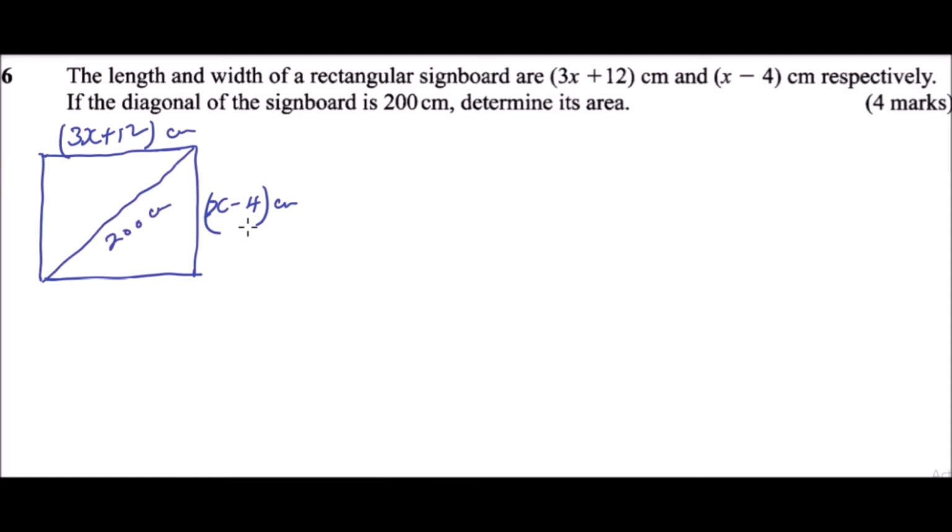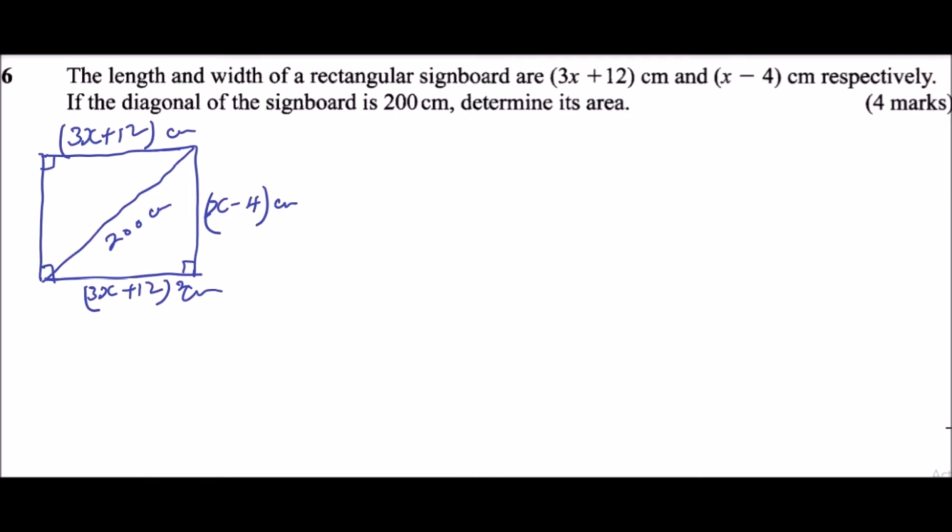Because it is rectangular, these angles are 90 degrees, therefore we can use the Pythagoras theorem. (3x + 12) centimeters squared plus (x - 4) centimeters squared will be equal to the diagonal squared.